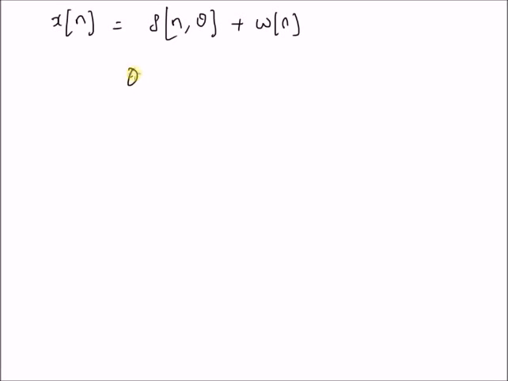That is, we have an estimated theta hat that is trying to approximate or estimate the unknown parameter theta. We want to find the bound on the variance. We want to find the CRB on the variance of the estimated theta hat.